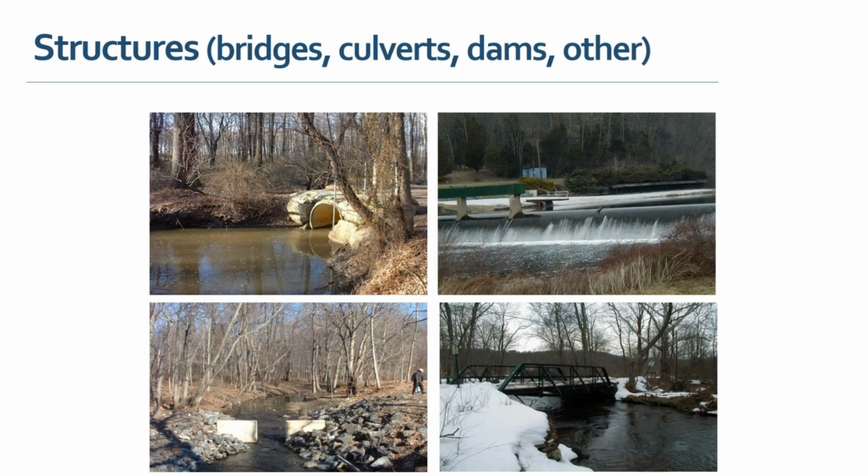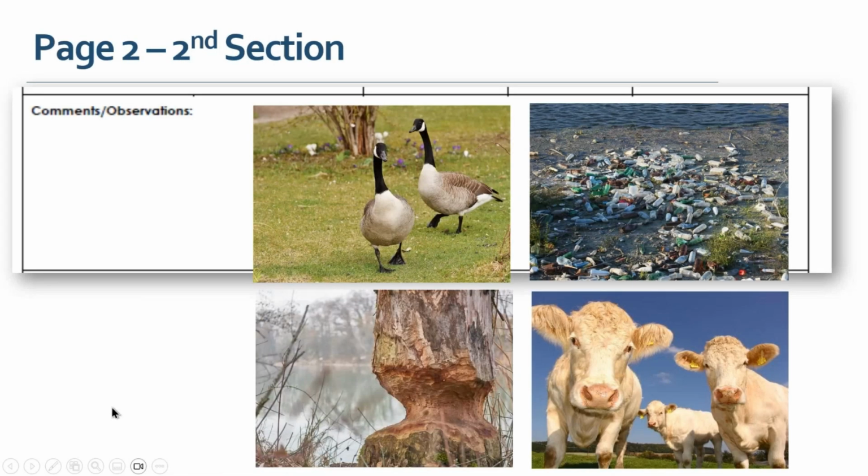At the bottom left, there's just, I don't know, the remains of something that people built, maybe a weir. But that's still somewhat affecting the stream as well. So you would record that on your data sheet. You could record if you have any observations of wildlife or livestock, evidence of beavers in the area.